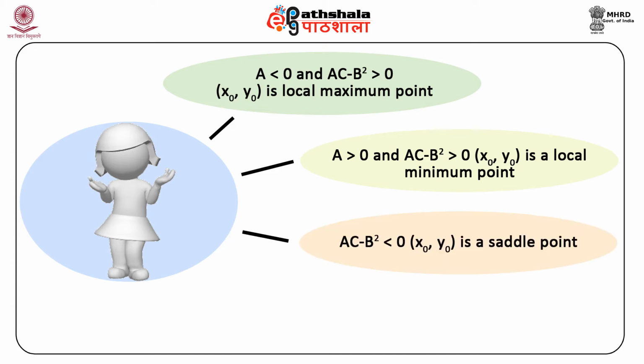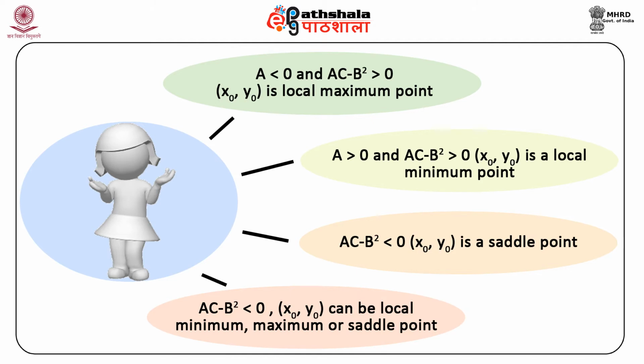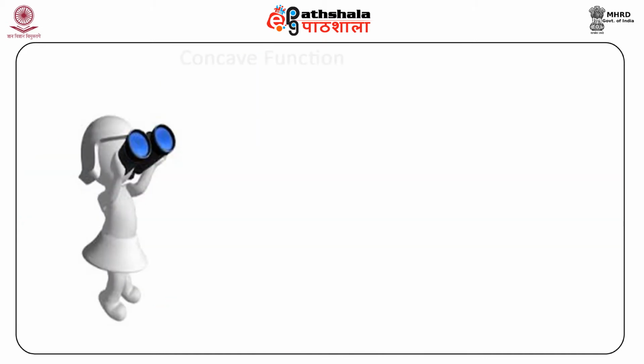If AC minus B square is less than 0, then (x0, y0) is a saddle point, and if AC minus B square is equal to 0, then (x0, y0) could be a local minimum, a local maximum, or a saddle point. Now we begin with the topic of concave functions.